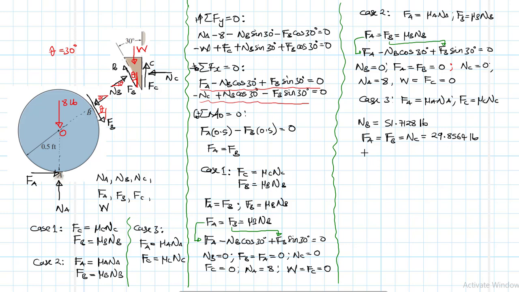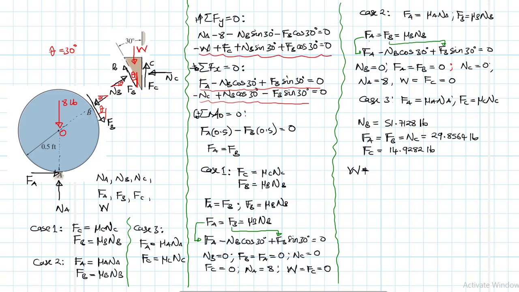Then we also find that our FC will be equal to 14.9282 pounds. And then finally, we have W from this equation, the final equation, this one.